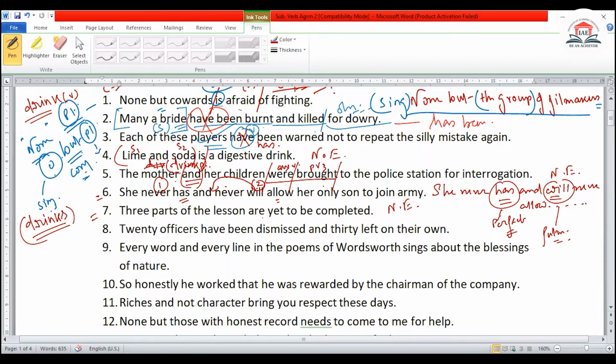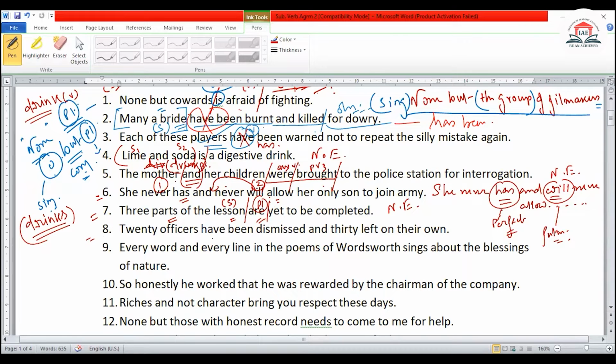Error. No. Why? Three parts is the subject. Of the lesson. Lesson is a subject, but no, we have three parts of the lesson, exactly mentioned. My subject has been distributed into three parts. So we have to choose the plural verb here.